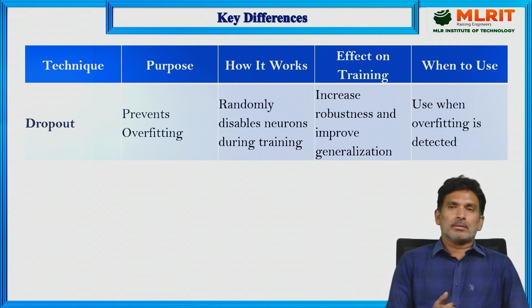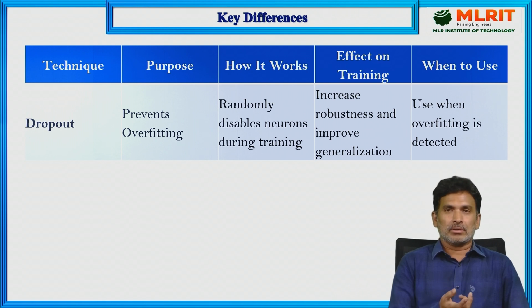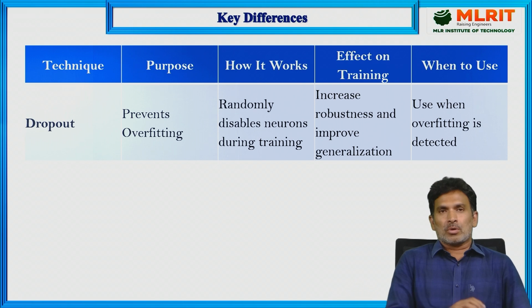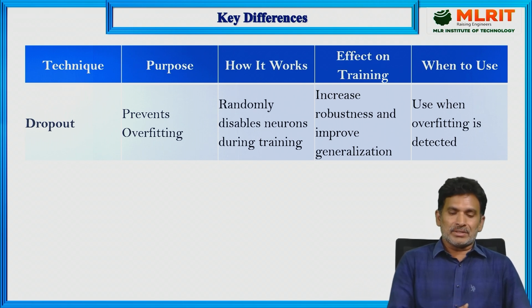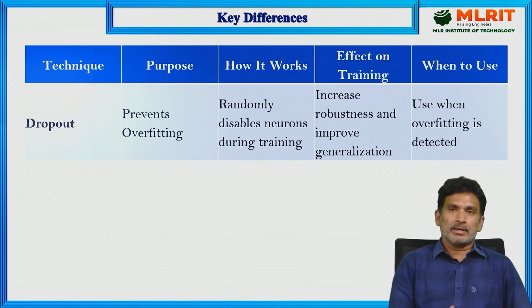We set the dropout rate, like 50%, 25%, or whatever it is in terms of probability, so it randomly disables the neurons during the training phase. The effect on training is that it increases the robustness and improves the generalization. And we use the dropout mechanism when overfitting is detected.